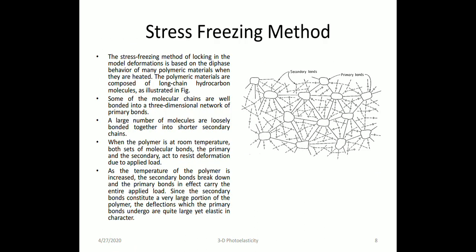Now we'll move on to the actual stress freezing method. What happens in the actual model if you are taking it up? Whenever you take a photoelastic model, it will be having a diphase behavior, right? That is, it will be having a primary bond and a secondary bond.